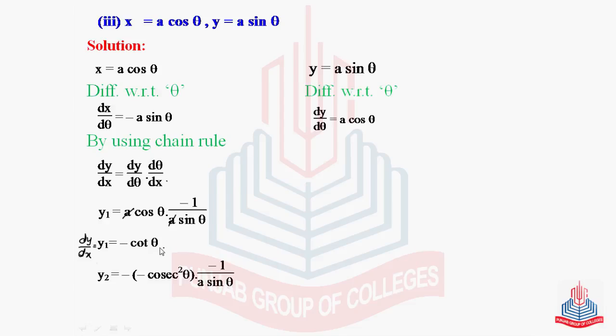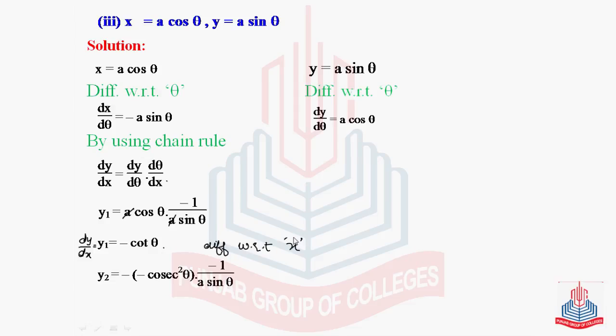Although this y1 is looking to be a function of theta, to find second derivative or d2y by dx square, we have to differentiate this y1 with respect to x instead of this theta.